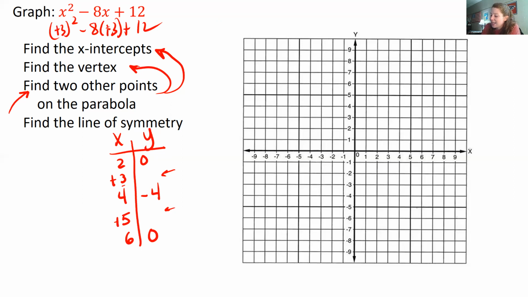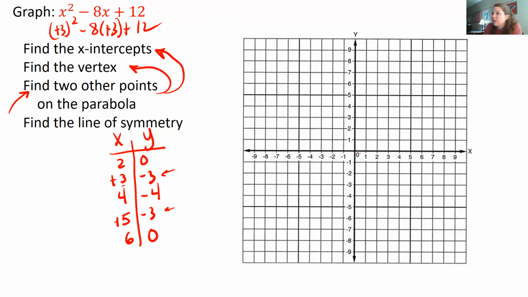So I'd have 9 minus 24 plus 12 is -3. Okay. And then let's go ahead and plug in positive 5. So positive 5 squared is 25 minus 40 plus 12. And I got -3. So like I said, they should be symmetrical, and I'm going to see that they are.